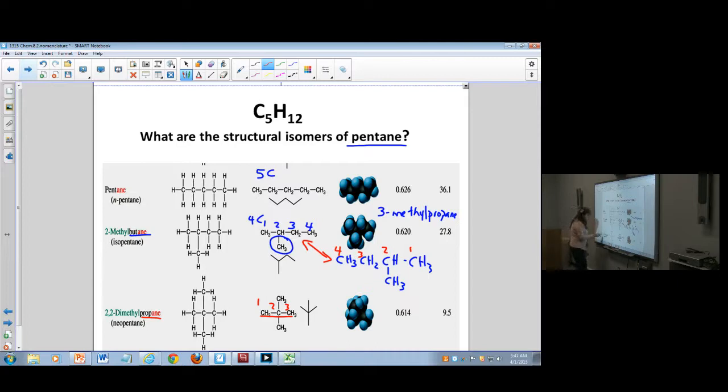And so in this case, notice that I'm telling you where both are. Both of those methyl groups are at 2. So carbon 2 has methyl 1 and this methyl, so 2, 2. And then I have to say how many methyls there are. And so 2,2-dimethyl propane.